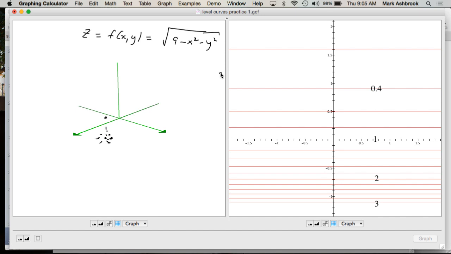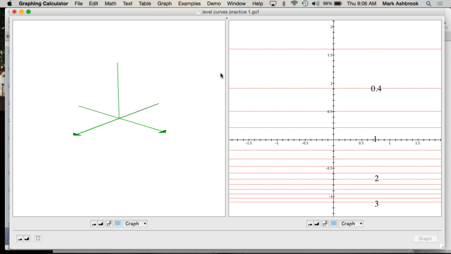Okay, and then we talked about, and you practiced, contour maps. So just as a warm-up, can you sketch the surface? A contour map has level curves, which are constant values of what? Along a level curve, you're talking about a constant value of which variable? Z, right? Constant height.